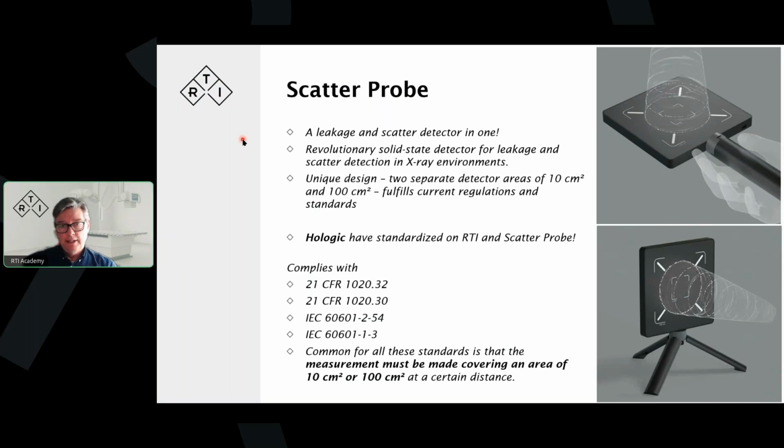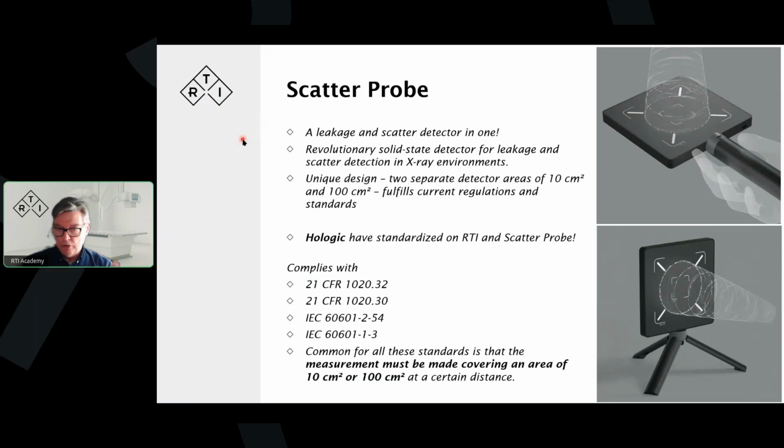But when in that design, we work together with some of the manufacturers also to figure out what do they actually need. Well, many of them were looking for something which is robust, which is independent of air temperature and air pressure, which is easy to transport, and which has the stipulated and the right size according to the regulation.